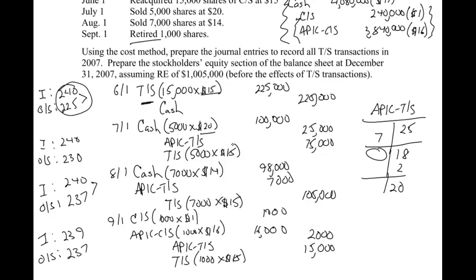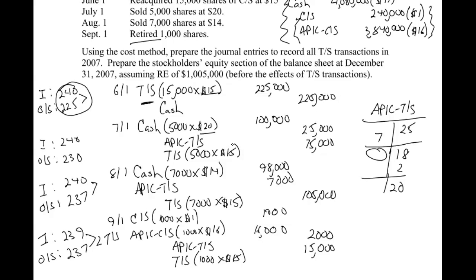The 1,000 shares that we just retired were part of the original 15, and they were already subtracted up here in the numbers I circled. If I was to subtract it down here, it would be double counted. I would have subtracted it twice. Another way to look at it is, I've got 2,000 shares of treasury stock left, and that should be the difference between those 2 numbers, and it is.